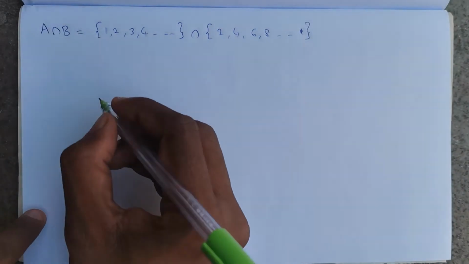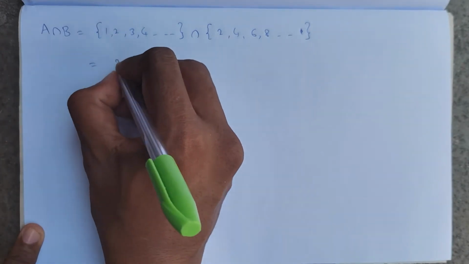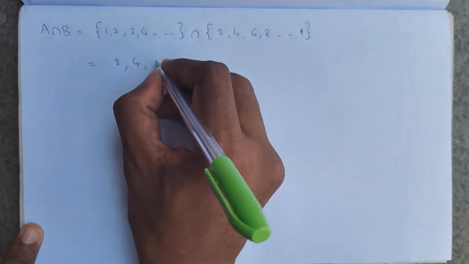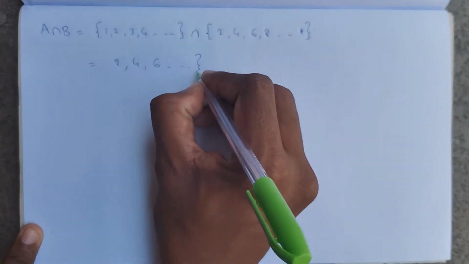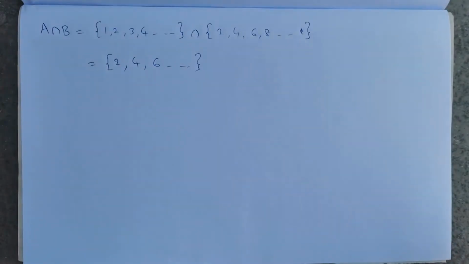Now if we observe the common elements, 2 is there, here also 2; 4 is there, here also 4; in this 6 is there, here also 6, and so on. So 2, 4, 6 and so on.